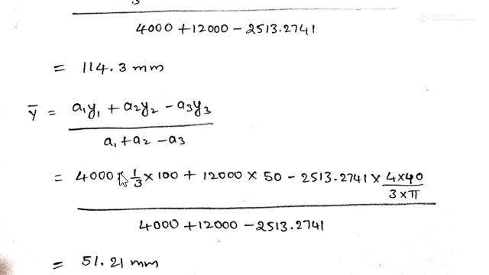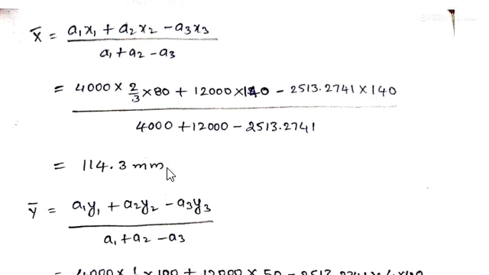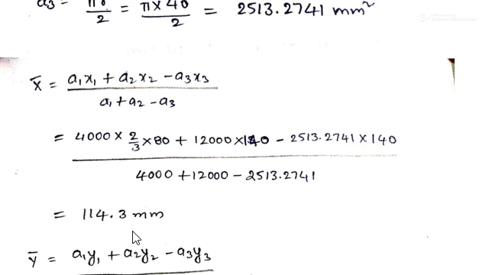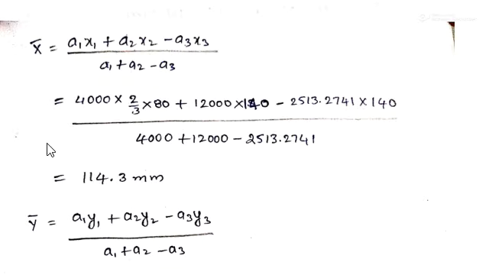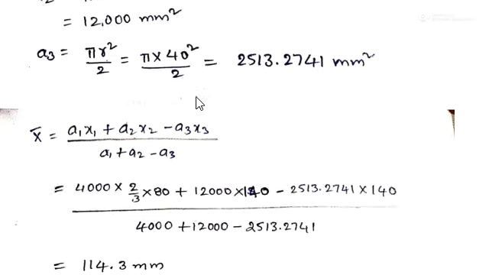Here also it is the same thing: 1 and 2 we are adding, and we are removing 3, because this is a shaded area and we have to remove this semicircle. So substitute all the A1, A2 and y1, y2 values, and the A1, A2, A3 values, and if you simplify that, we get y bar as 51.21 mm. So x bar is 114.3 mm and y bar is 51.21 mm. These are the values of x bar and y bar for this shaded area.